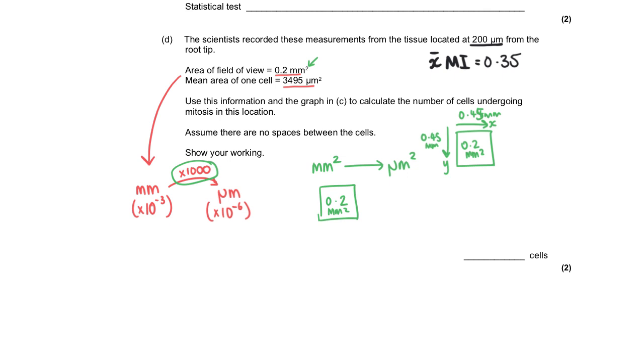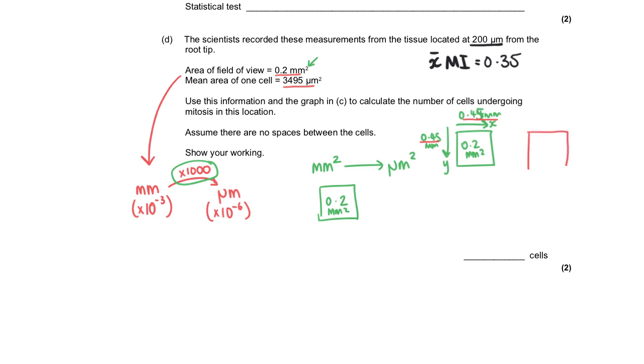Okay. Now, if I want to change this to micrometers, I've got to increase each of these values, the x and the y, by a factor of 1,000 to change both the units. If I only do it times 1,000, I'm only going to be effectively changing either the x or the y.